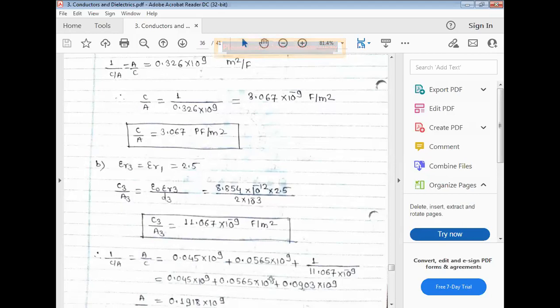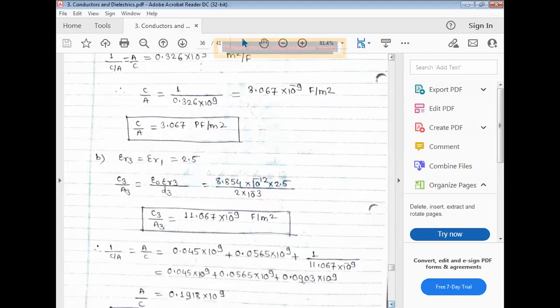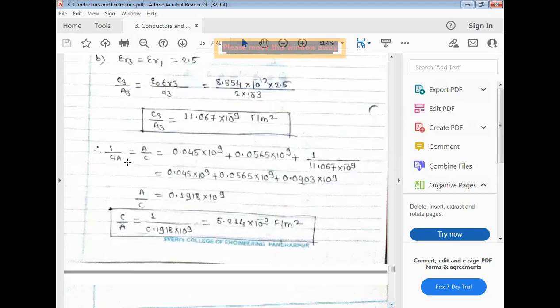Again, you have to take in the denominator. Okay, so it is 1 divided by C upon A. You are getting means A upon C. Okay. For this, again, you have to add all the three equations. So for epsilon R1, this is for epsilon R2, and this is for epsilon R3.